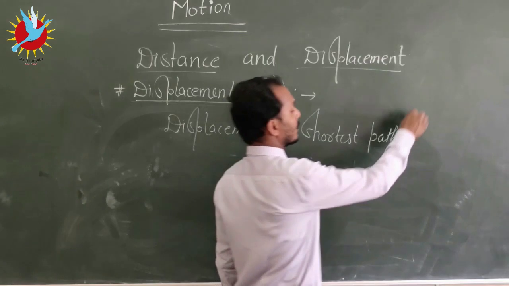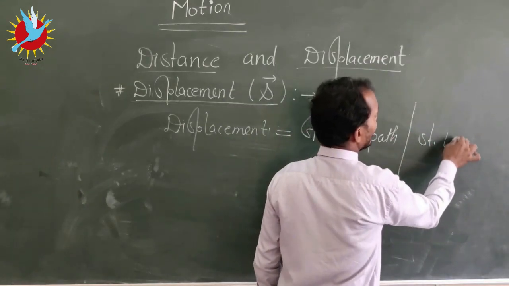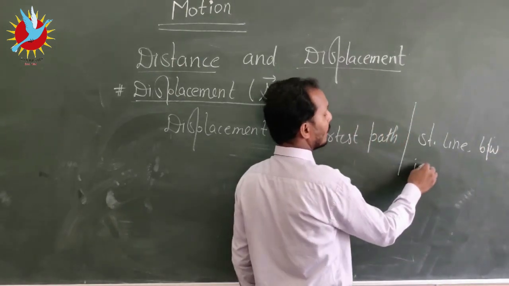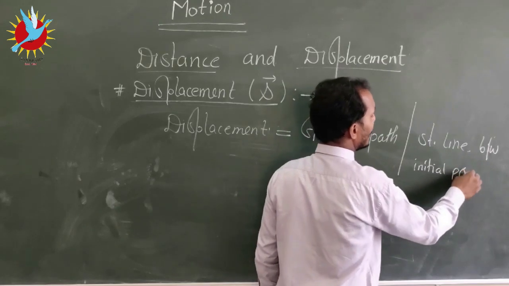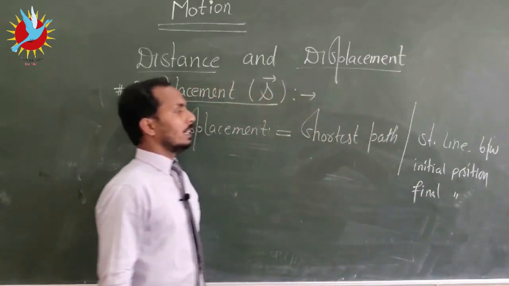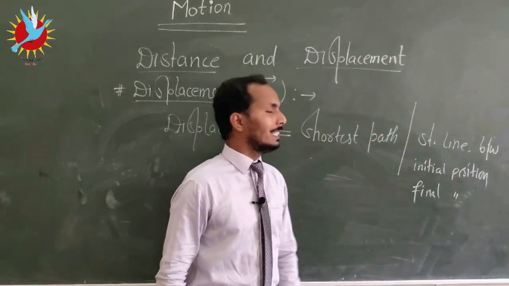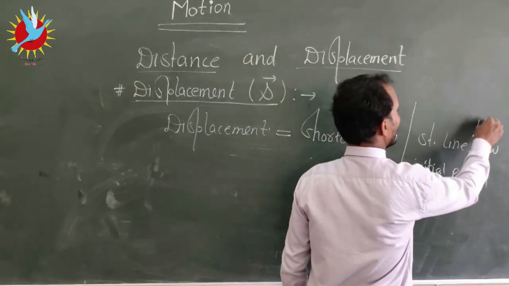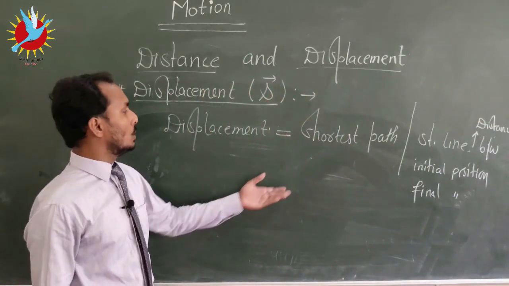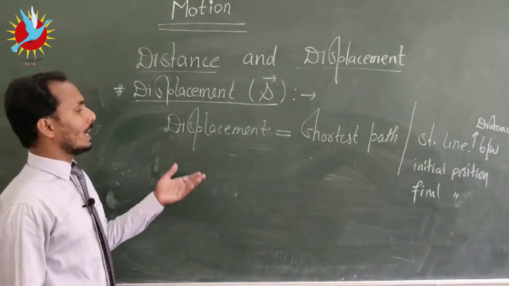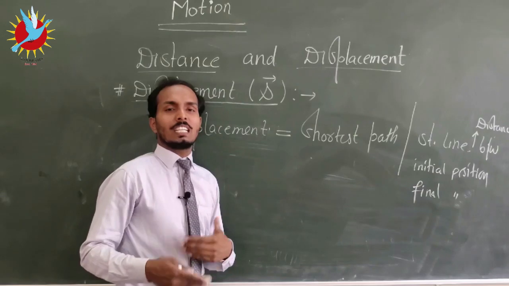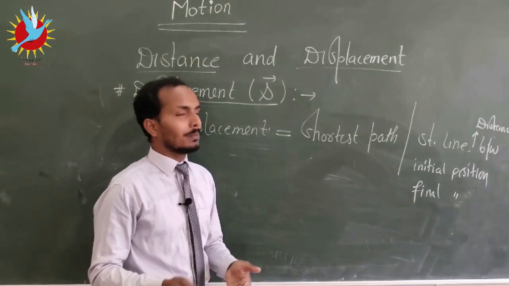You can say that it is a straight line between the initial position and the final position. A straight line distance between the initial position and the final position is known as displacement.